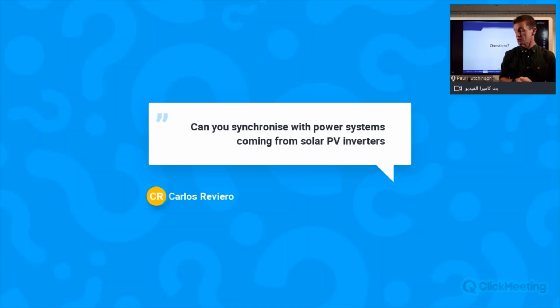Carlos, yes, we can synchronize power systems and PV, but again, we need other equipment to help us do that. The answer is yes, because most of the inverters should be able to do that. They will handle part of the synchronization going from the solar side onto the AC side.